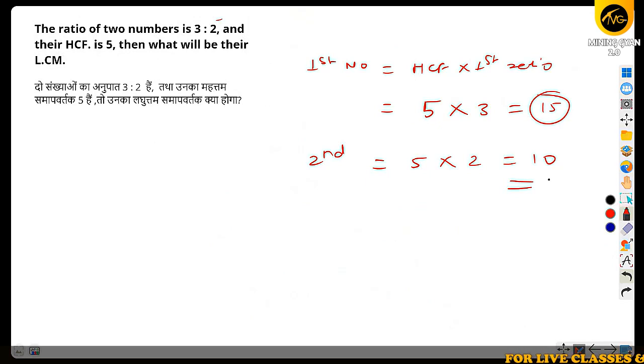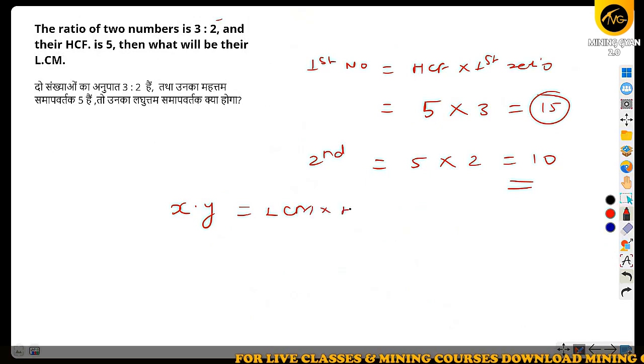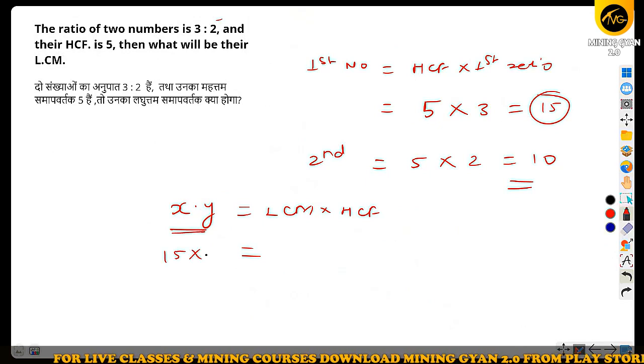Now in this case we have to find out the LCM of these numbers. We can find it with the help of the basic division method, or the formula I have already told, that is x into y is equal to LCM into HCF, right? So we already know x and y, the first number and the second number. That means 15 into 10 is x into y.